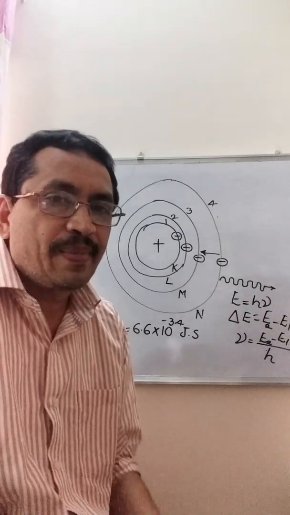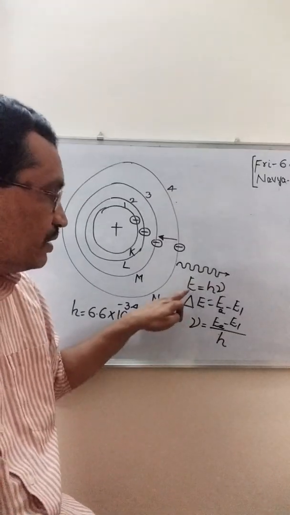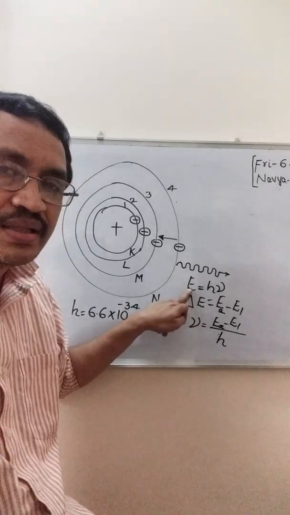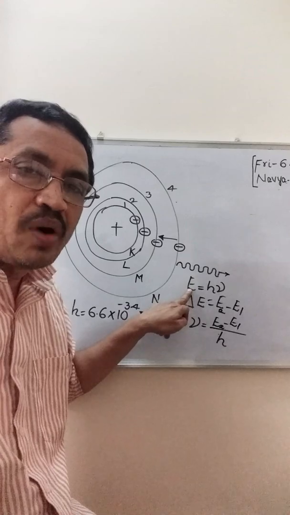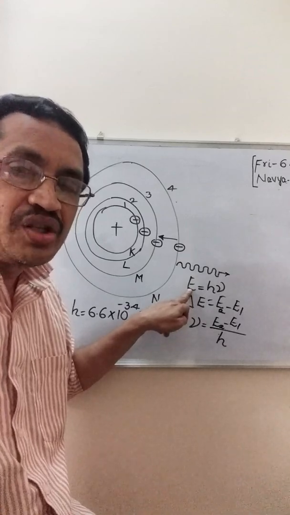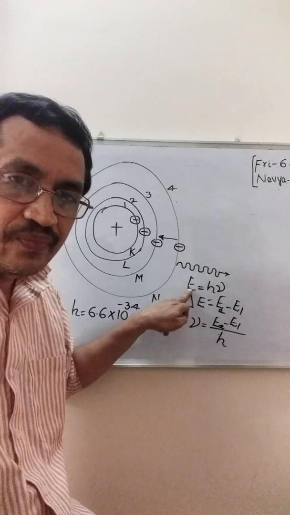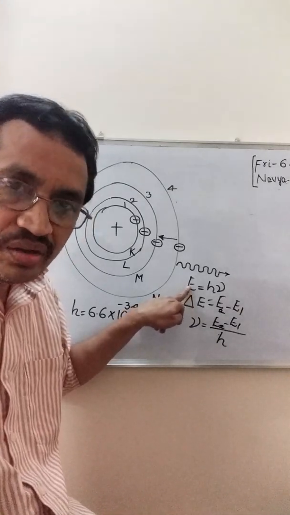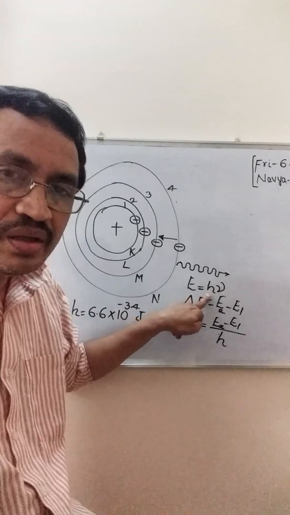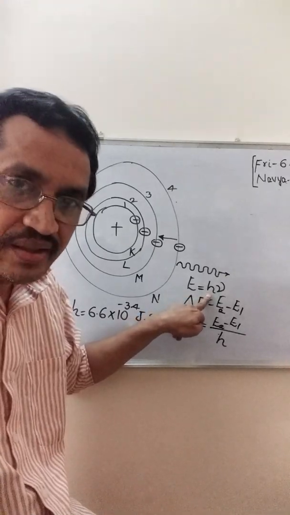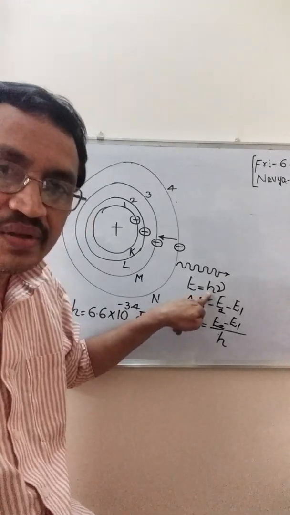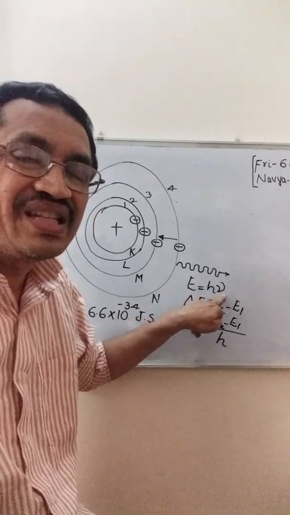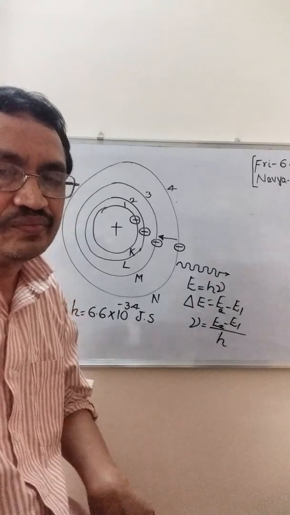In such a case, you can see here the energy of one single photon is given by this theory, which is based on the quantization of energy. Here E refers to the energy of a single photon, and the small h is the symbol for Planck's constant, a universal constant, and the symbol nu refers to the frequency of the emitted photon.